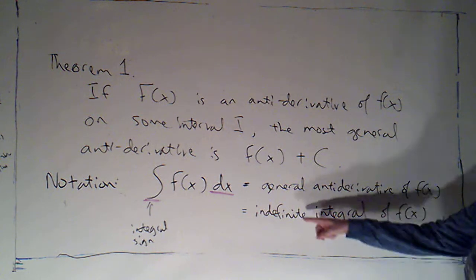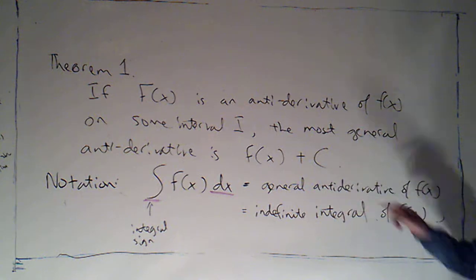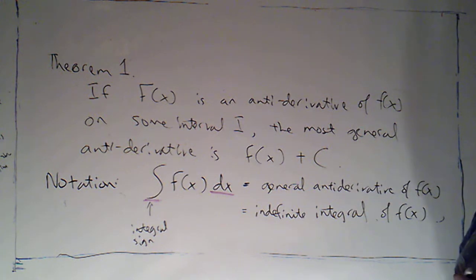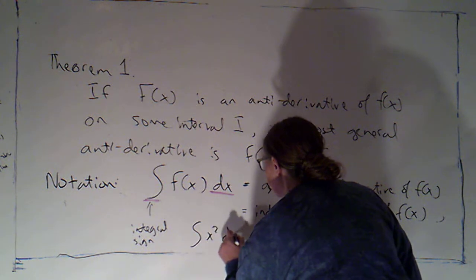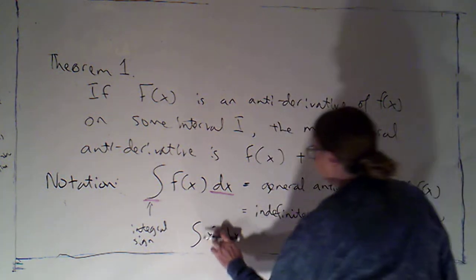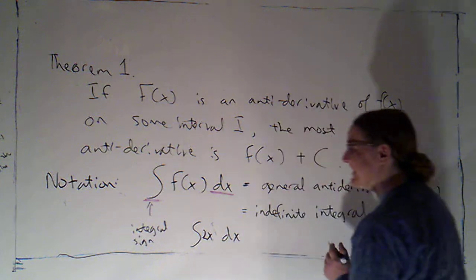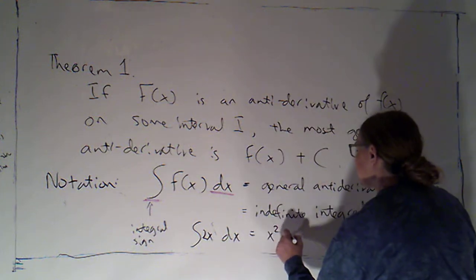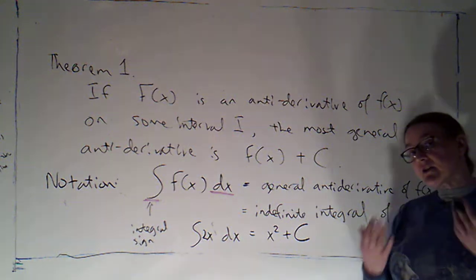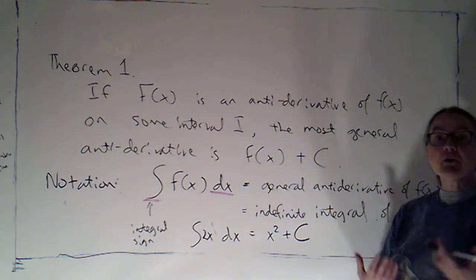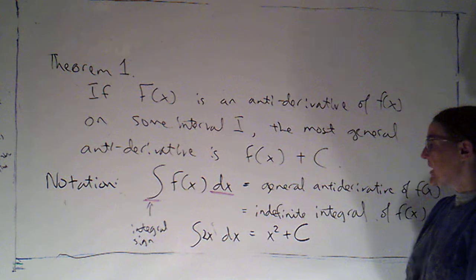So this gives me, as I said, the general antiderivative. If I wanted to take the general antiderivative of 2x, we've just seen it would be x squared plus c. Notice it's not just a single function, it's an entire family of functions.